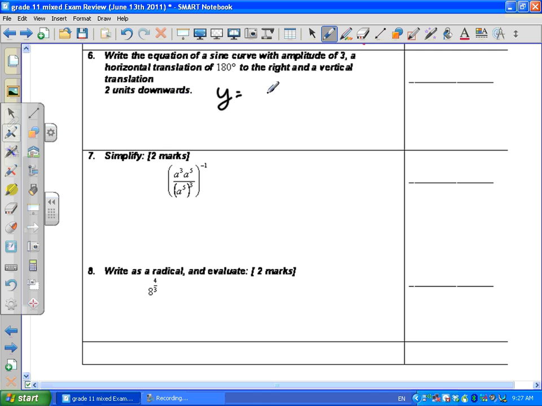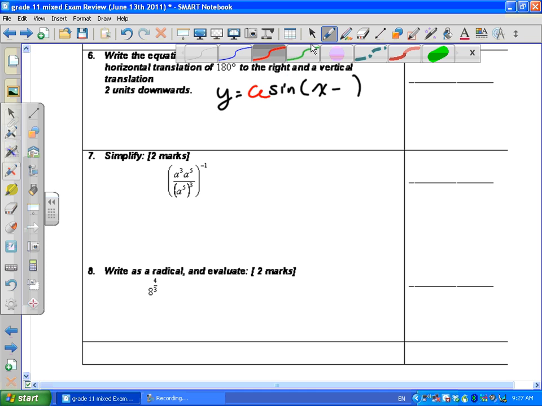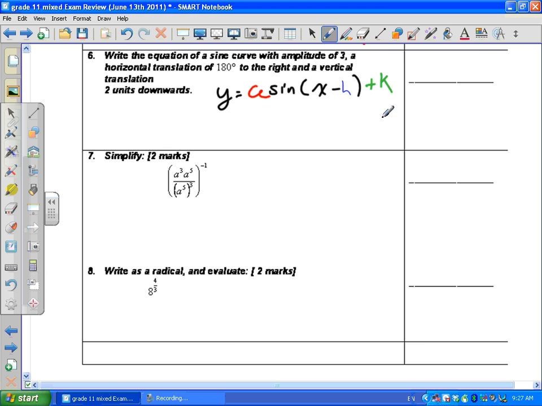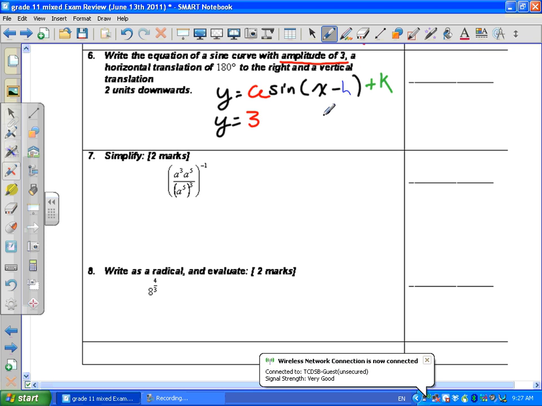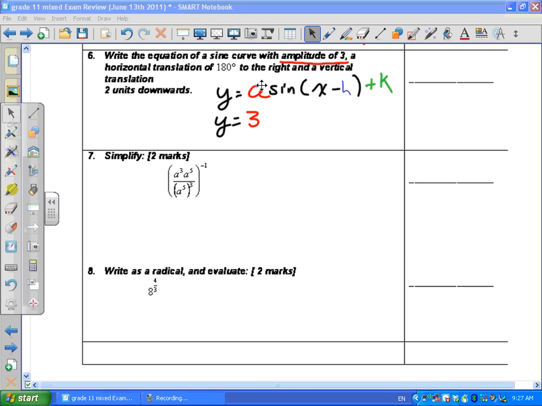So our normal one is y equals sine, and we have our A, H, and K. Now remember I told you your amplitude is affected by your A, and whatever A is is your new amplitude. So, to start off, y is equal to, we know our amplitude is going to be 3, because they told us it has an amplitude of 3. It doesn't say anything about reflecting, so we know it's going to be positive.